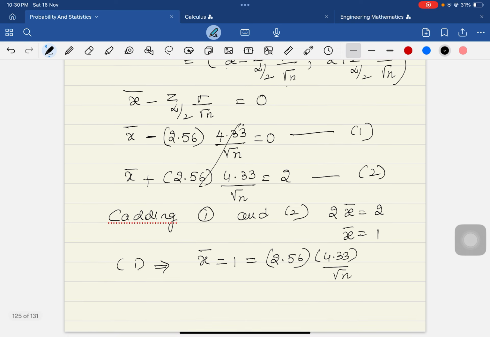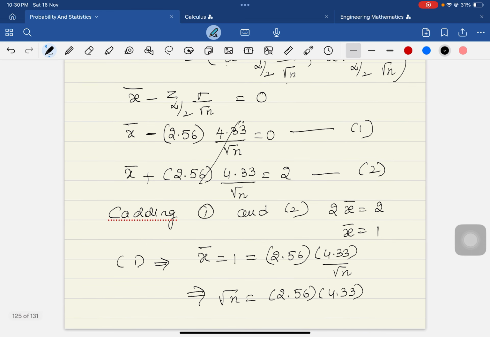So it implies root n is equal to 2.56 times 4.33. Just multiply these two. The product is given by 11.714. So n will be 11.714 the whole square.